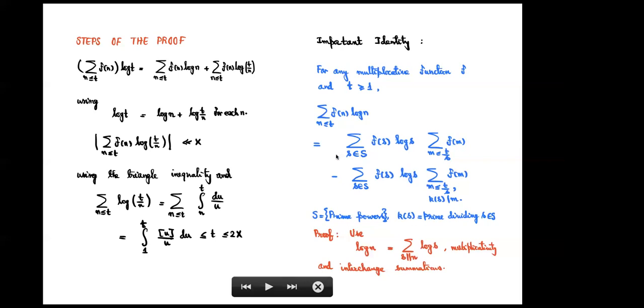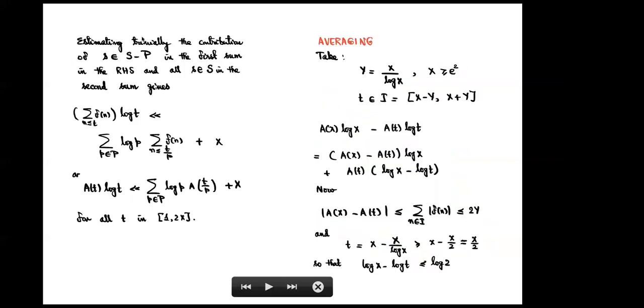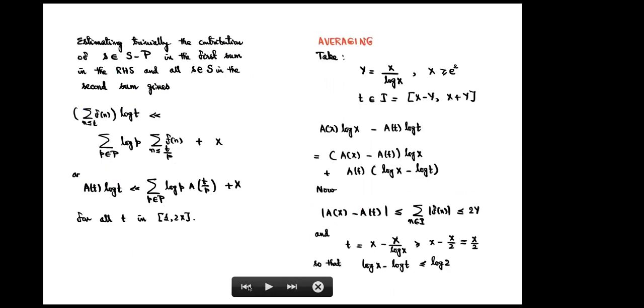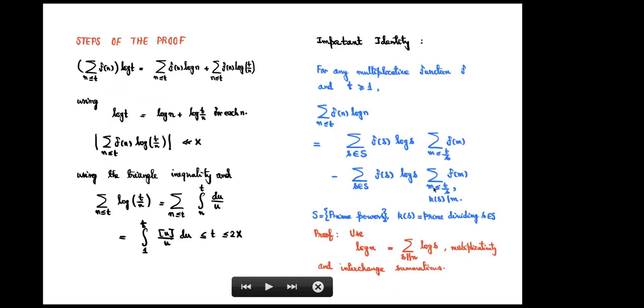Here you have a sum over all prime powers, and so that sum you estimate trivially the contributions from the prime powers which are not primes, so the genuine prime powers. In the second sum, m is only over multiples of the prime that divides s.